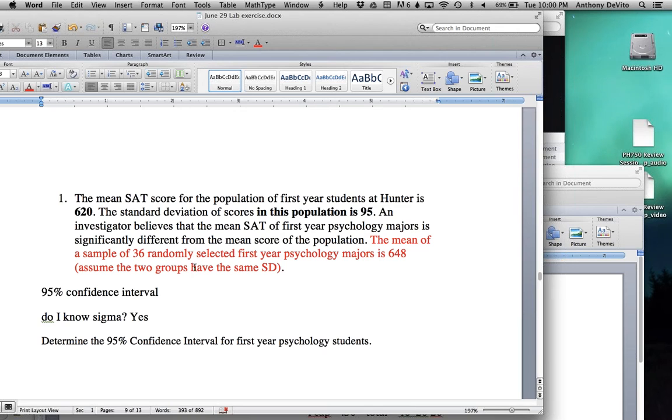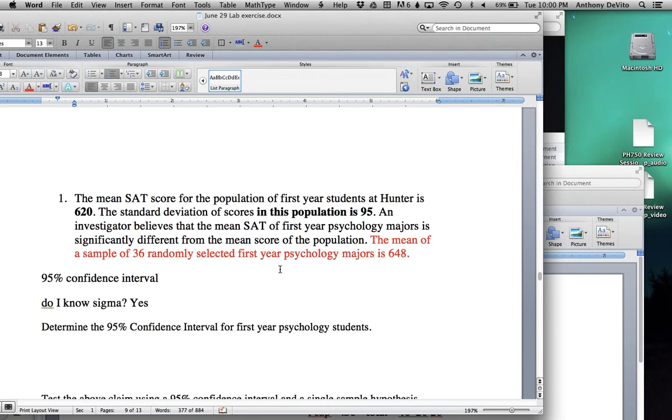However, if that's not there, then you might not be able to assume that group A, which is non-psychology students, has the same standard deviation as the scores for psychology majors, right? So you may not be able to say yes or no.